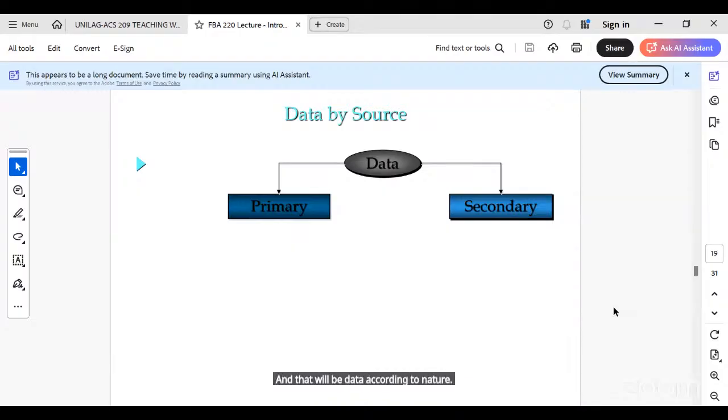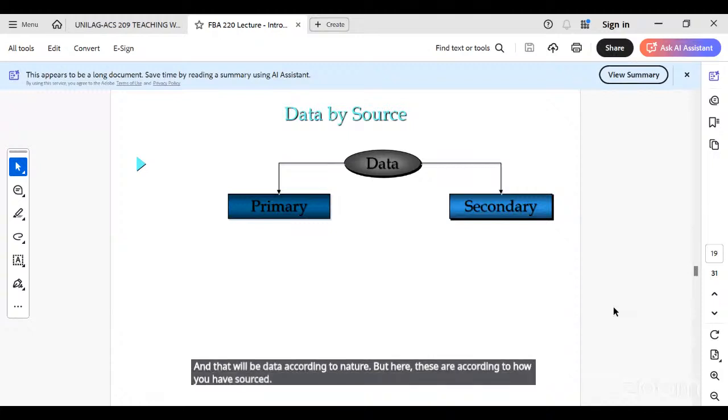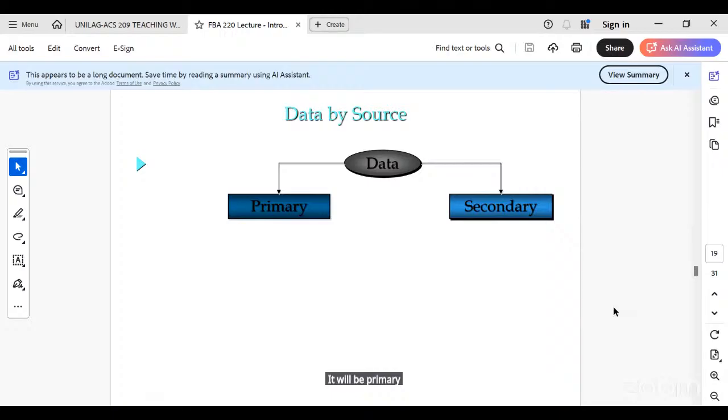But here, data according to how you have sourced it will be primary or secondary. Remember, we discussed all of this last week. Primary, if you design the process that generates that data.